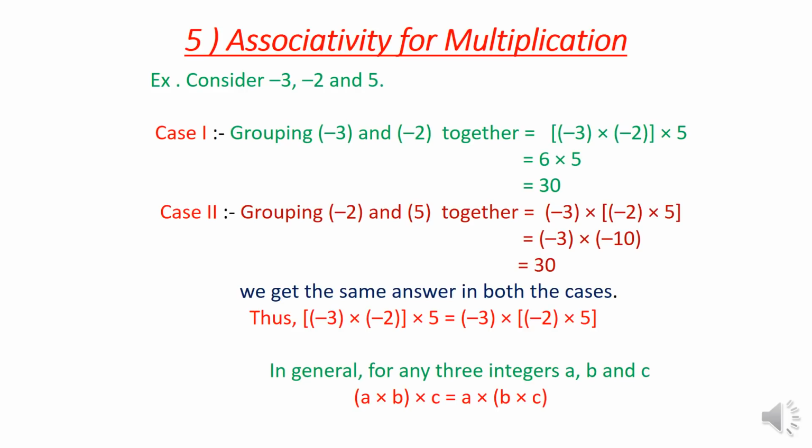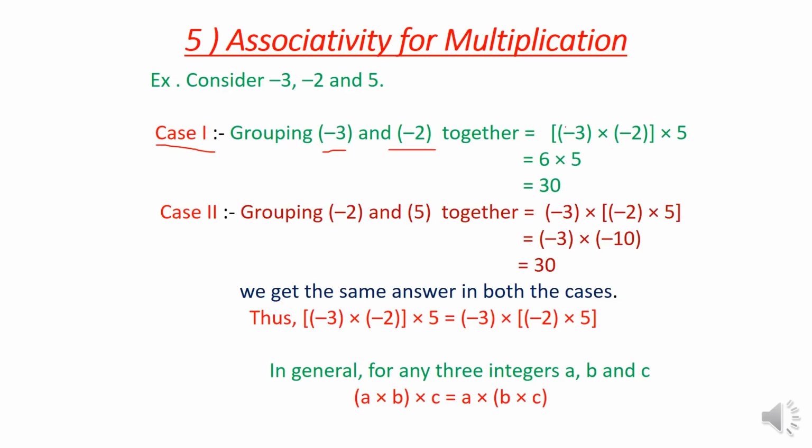Now, let us consider the next property, associativity for multiplication. So, for this consider the example minus 3, minus 2 and 5. Let us consider the first case. In the first case we are grouping minus 3 and minus 2. So, minus 3 multiplied by minus 2 we have kept in the bracket and 5 is outside.